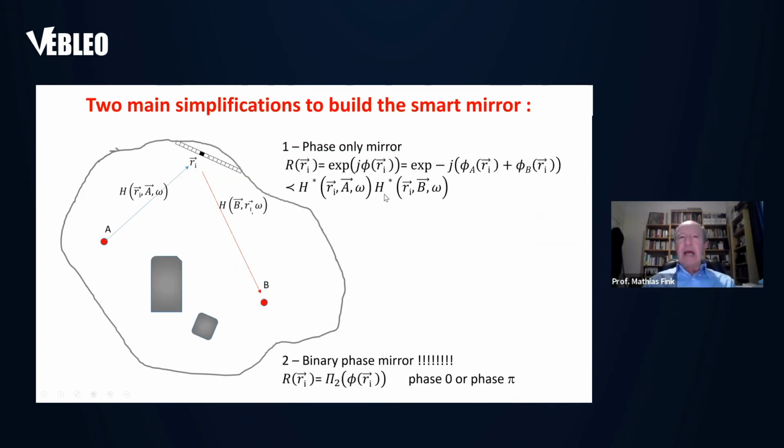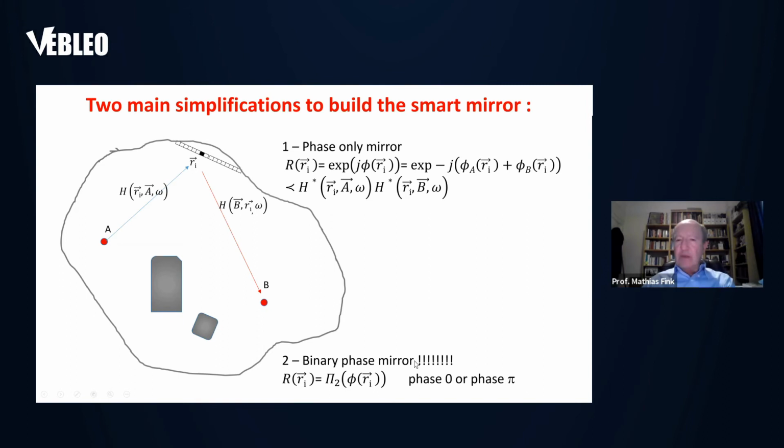And now, to build this kind of smart mirror, we make two assumptions. First, we make only a phase-only mirror. We don't control the amplitude like we can do. It is only a mirror that changes the phase. And now what is really important is that we use binary phase mirrors. It is a very simple mirror that when it receives a signal, it reflects with +1 or -1, where it is phase 0 or phase pi.